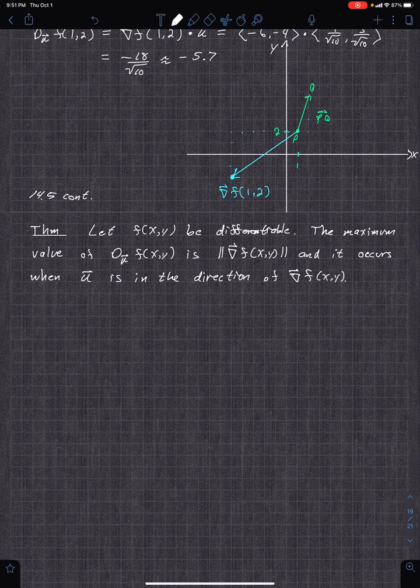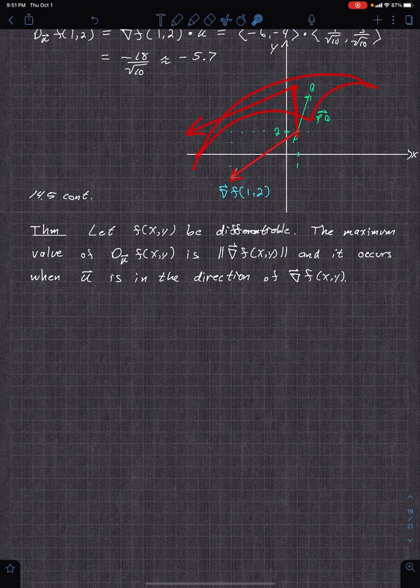Okay, so what does the gradient tell us basically? You have some surface up here, and then these are gradients. You can draw them down here, or you could put them up on the surface and draw them if you wanted to.